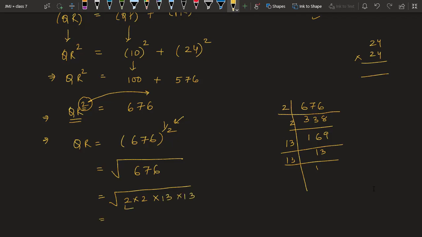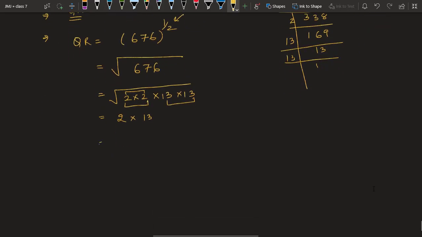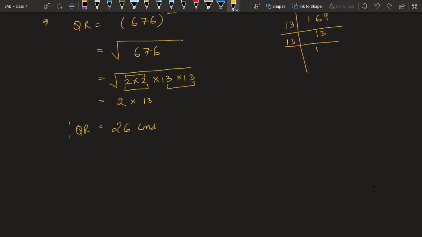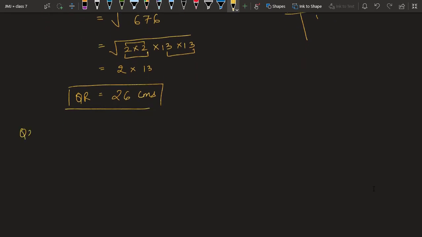Now who will come out? We have 2 2's, so 1 2 will come out. We have 2 13's, 1 13 will come out, and the answer is 26 centimeters is equal to QR. That is our hypotenuse.